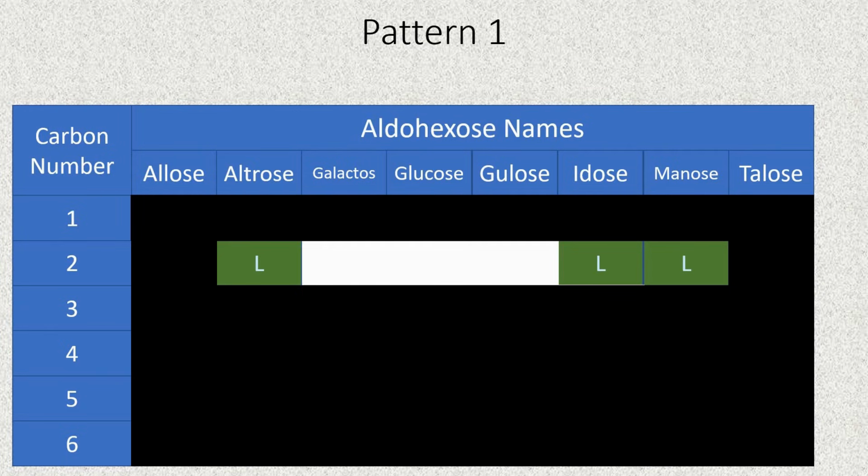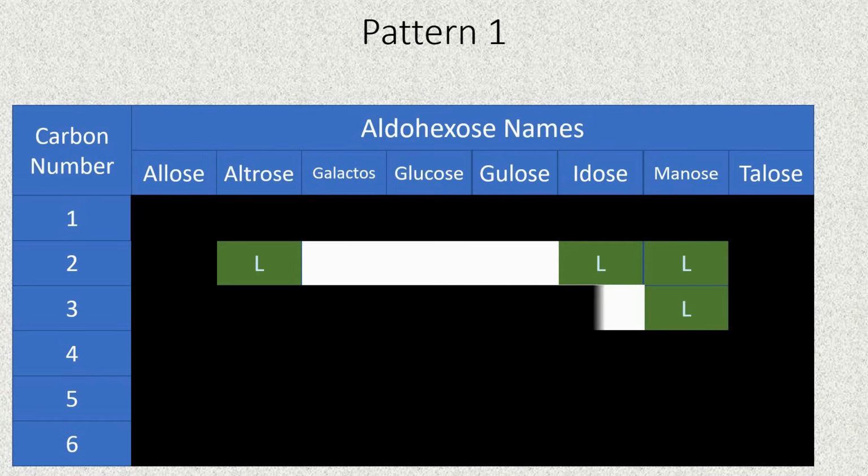Now for carbon number 3, the pattern will be written in reverse order. That is, you will start from mannose, the sugar where you ended the pattern. So the pattern has ended at mannose, and now in row number 3, or carbon number 3, you will start from the right side. So the pattern will be L, and then we will have blank spaces. But this time the blank spaces will be 2, not 3.